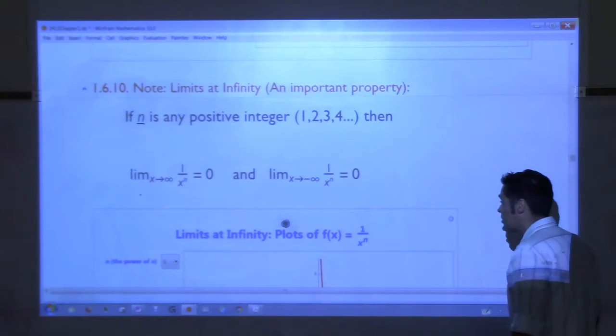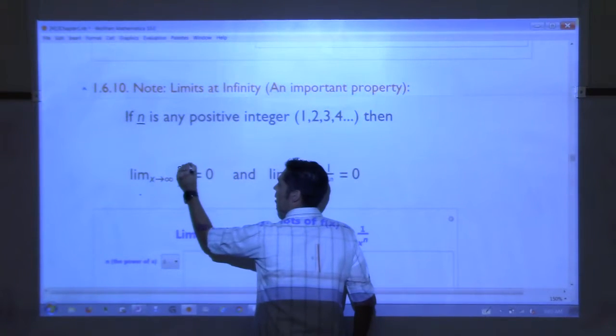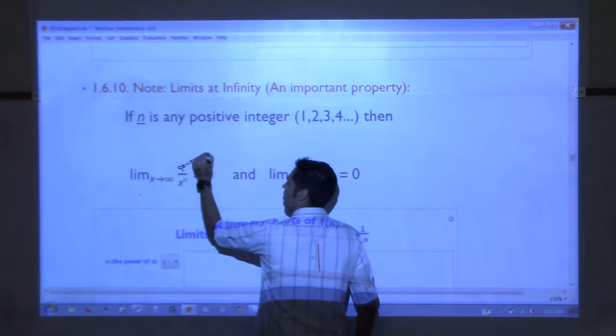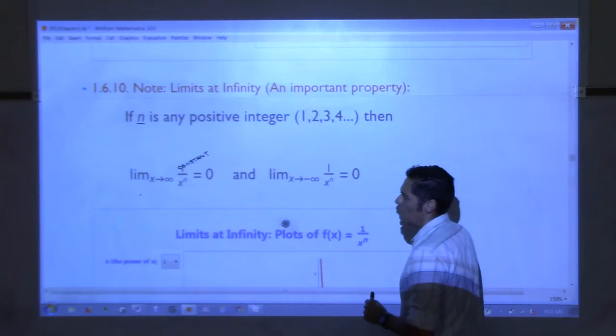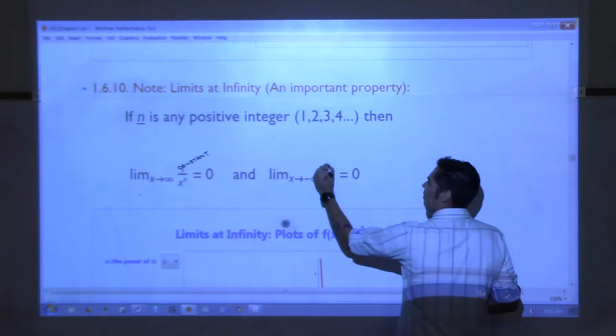And I'm going to change this just a little bit. It actually doesn't have to be 1 up here. This could be just any constant. Doesn't have to be the constant 1. It can be like 5 over x to the n. It would still go to 0. Same thing with this, constant.